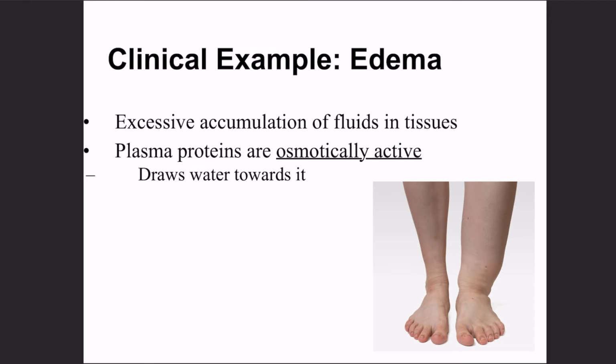A clinical example of osmosis would be edema. Edema is tissue swelling, and this comes because there are a lot of plasma proteins in the area and water is drawn towards the solute concentration.